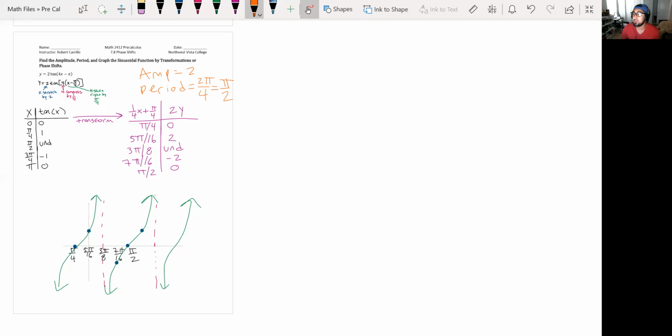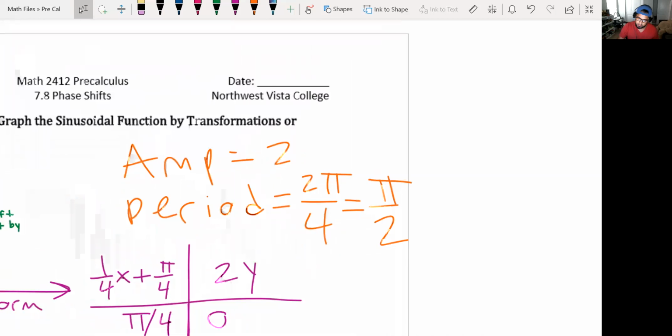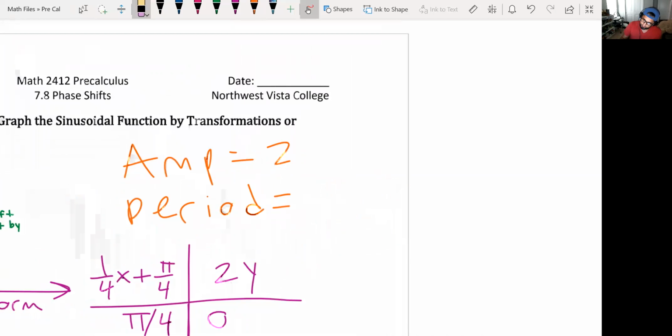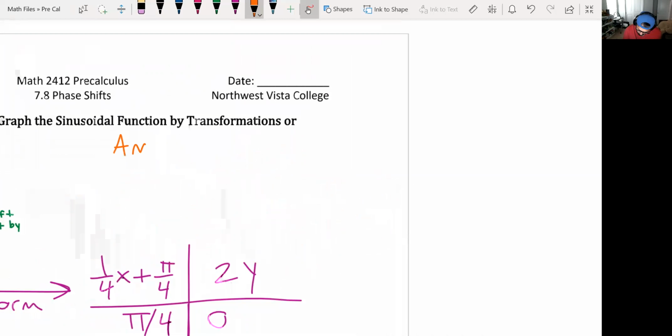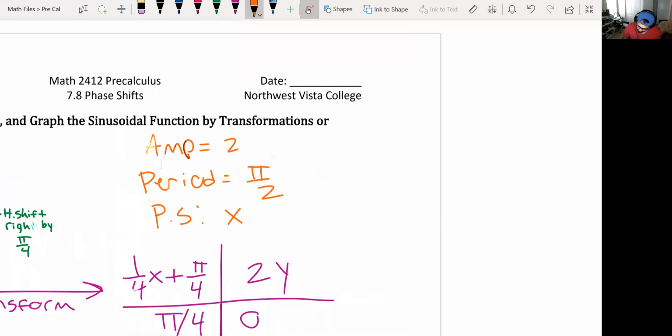And your phase shift was the x minus pi over 4. So let's just write better. Let me erase that, because that's ugly. There we go. Much better.